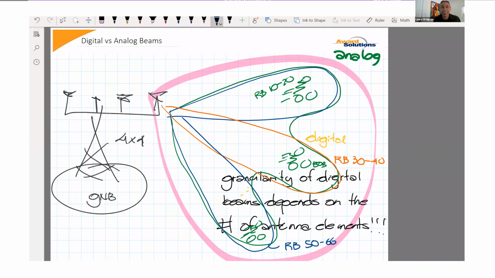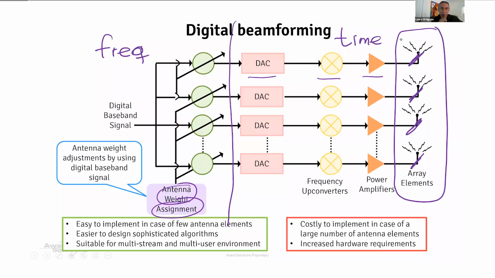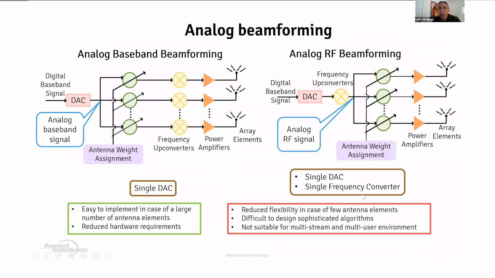In analog beamforming, since I cannot modify the amplitude and phases of my signals in the frequency domain, my gNB can only create one given beam in a given direction, right? So this is Alice. So this is an analog beam. I can only create one beam in a given direction for all the frequencies, for my entire band.